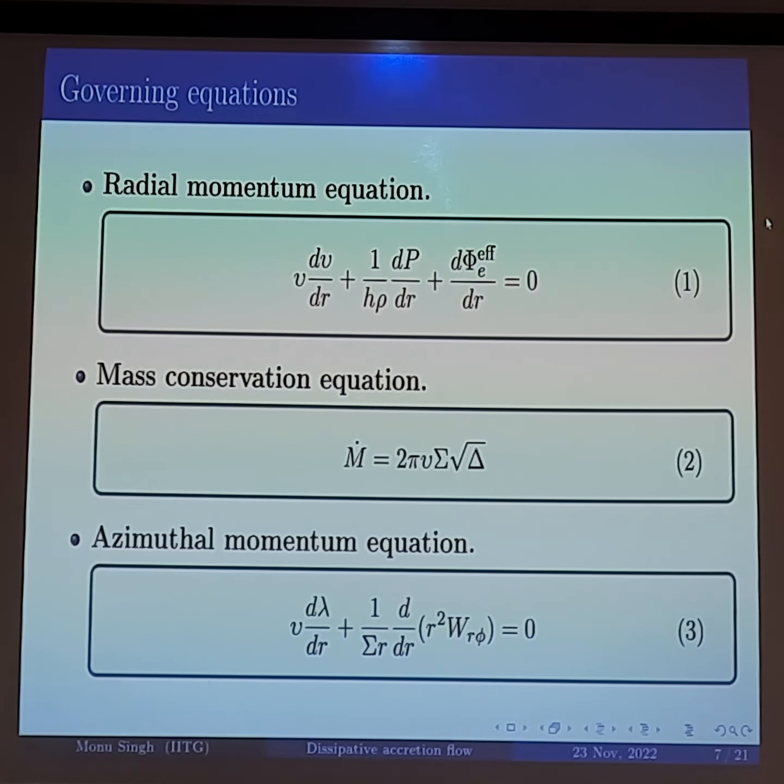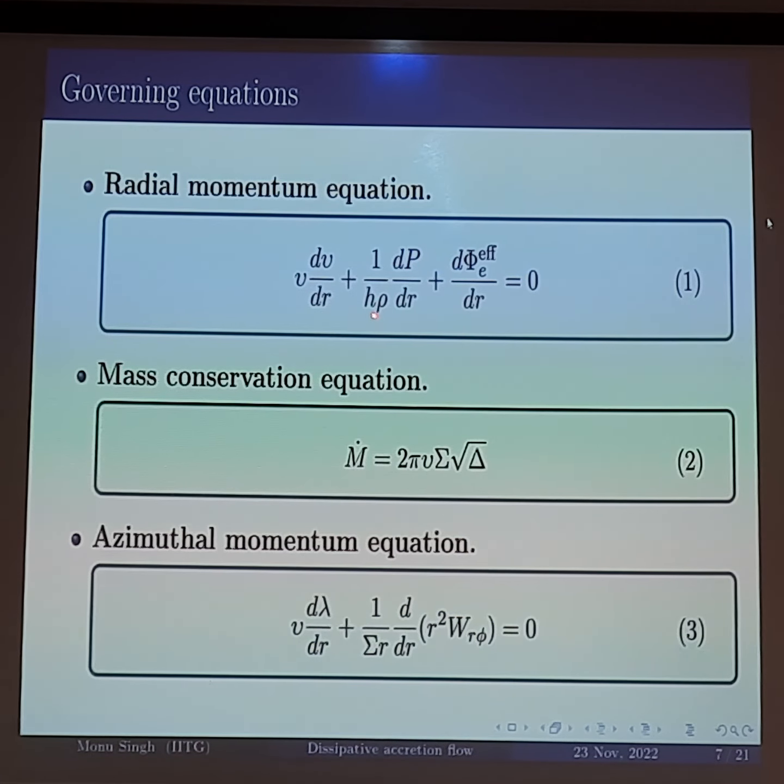All of you have seen these equations. The first one and the third are nothing but the Euler equations. One is in the radial direction, another one is in the azimuthal direction, where v is the flow velocity, r is the radial distance, h is the enthalpy, rho is the density, p is the pressure, and phi is the effective potential.